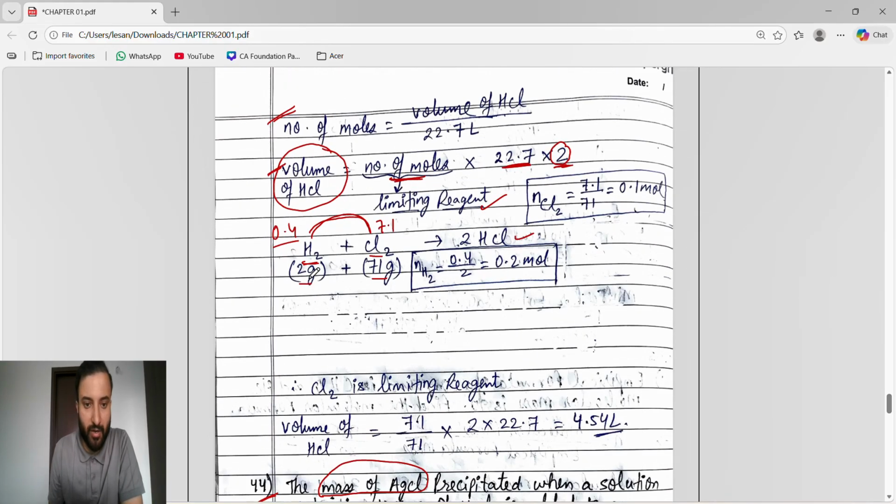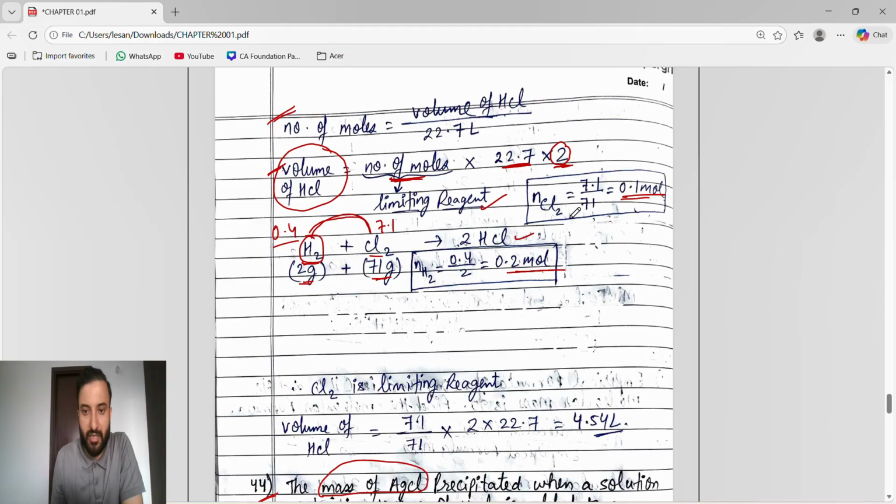Then we will write down H2 means 2, Cl2 means 71 atomic mass. Now we have to find the number of moles of the limiting reagent. The number of moles of H2 is given mass by molar mass, we will get this much. Then the number of moles of Cl2 is given mass by molar mass, you will get this.